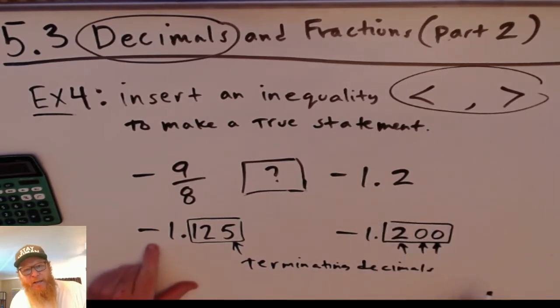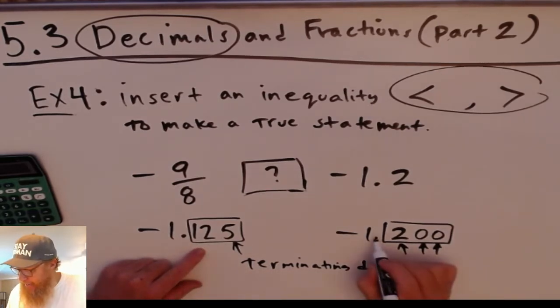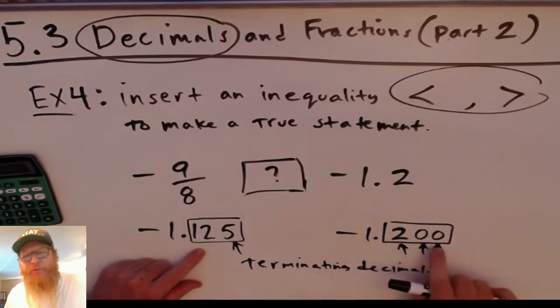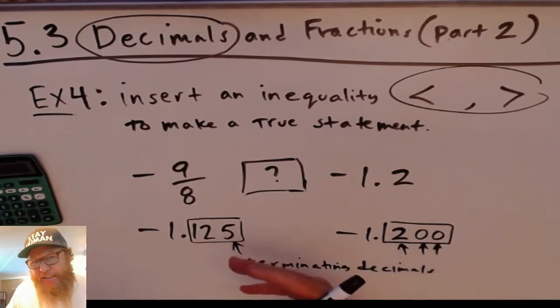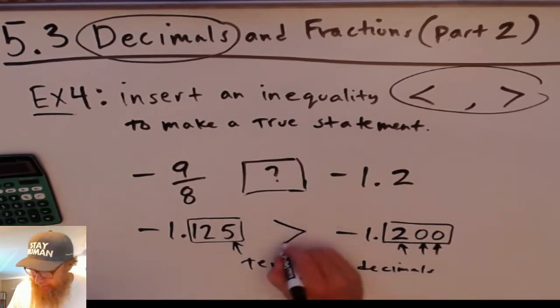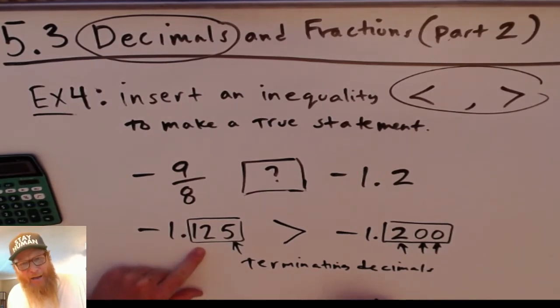So this is -1 and, remember we read the decimals, 125 thousandths. And then this is -1 and 200 thousandths. So which one of these is closer to 0? That would be -1 and 125 thousandths.